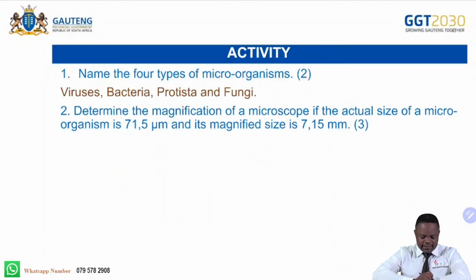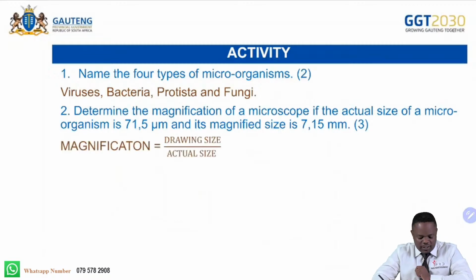And then determine the magnification of a microscope. If the actual size of a microorganism is 71,5 micrometers and its magnified size is 7,15 millimeters. Remember the important thing is our formula. I hope you still remember the formula. Magnification is the size, the drawing size divided by the actual size.